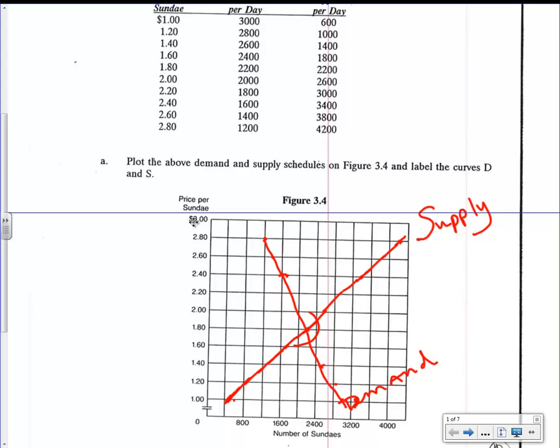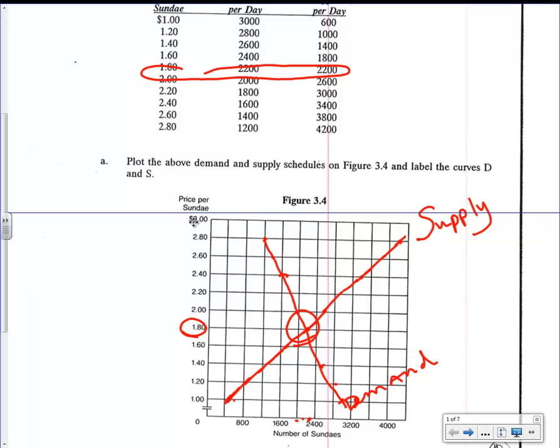Here we are in equilibrium at $1.80 for our equilibrium price, and we are here at 2,200 for our equilibrium quantity. We can also see that from the top.